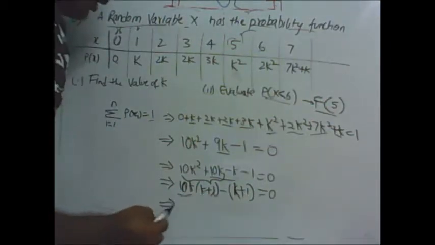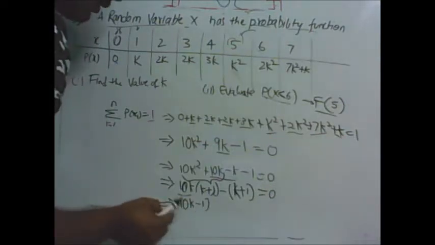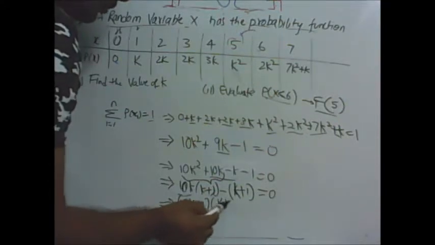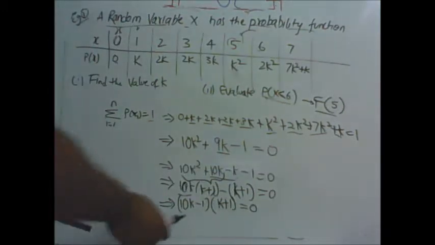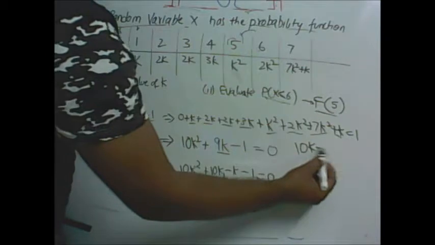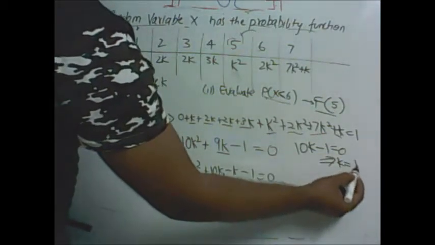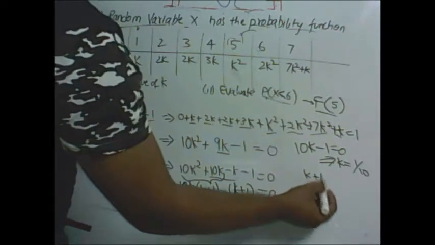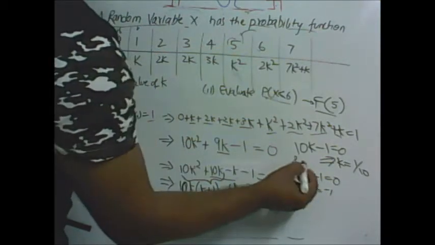So we get 10k minus 1 into k plus 1 equal to 0. Now from this we get 10k minus 1 equal to 0, which implies k equal to 1 by 10, and k plus 1 equal to 0, which implies k equal to minus 1.